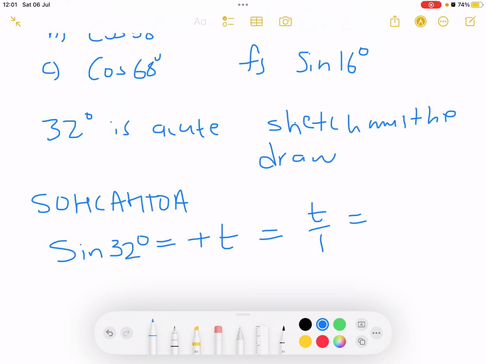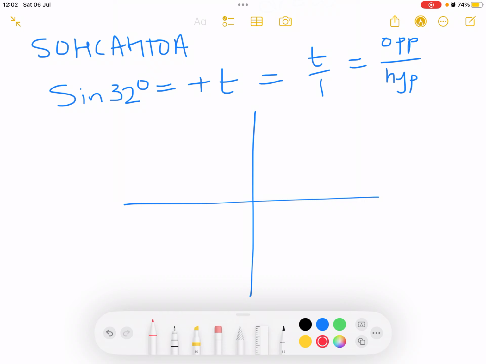Whatever triangle I'm going to be drawing must be positive. First, I need to check. I have sine being positive here and here, but I have an acute angle only here, which is 32. And when it's 32, the opposite side is t, the hypotenuse is 1. Then we have an unknown side here, which is the adjacent.